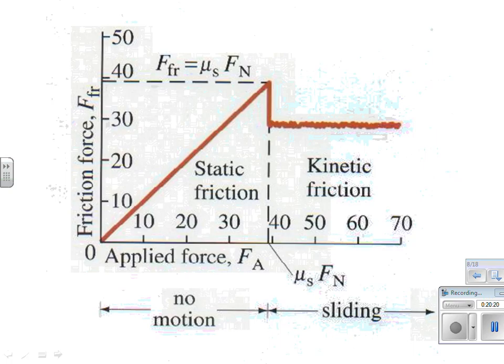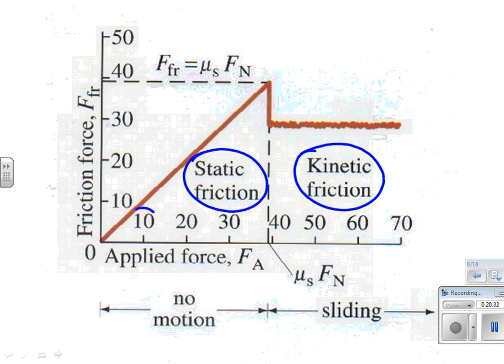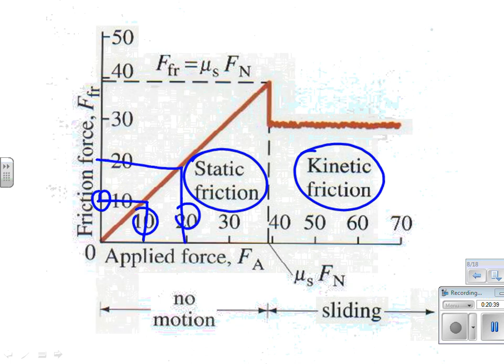Okay. Some of you are visual learners, so here's what I'm trying to express to you. You have two kinds of friction, static and kinetic. Static is a reactionary force. If I push with 10 newtons, static friction pushes back with 10 newtons. If I push with 20, it pushes back with 20, up to some maximum value that will be determined by the surface and by the object resting on that surface.